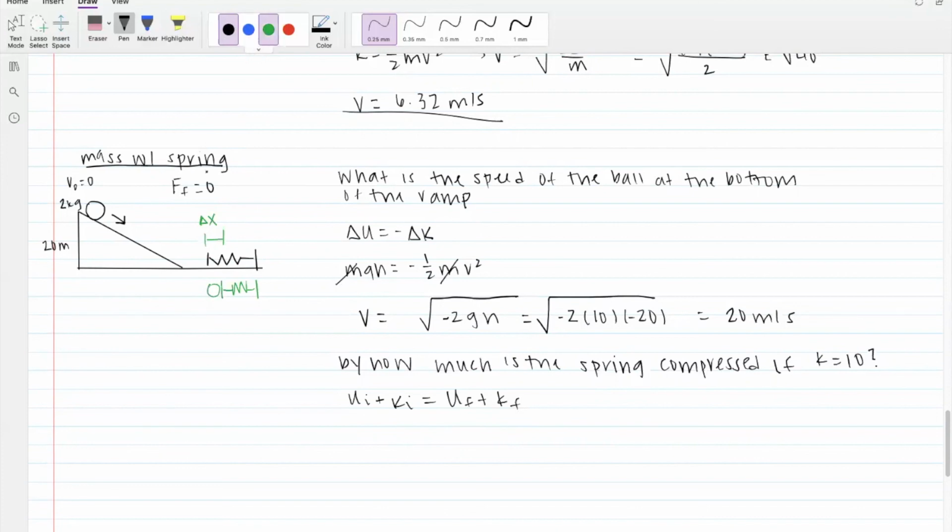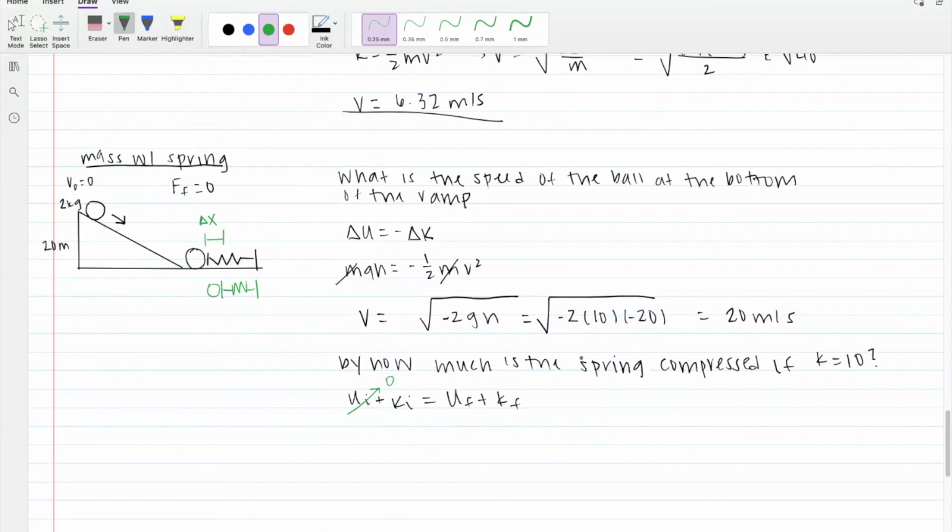So at this point, when the ball rolls all the way down the ramp, right before it hits the spring, that's the initial point. And the final point is when the ball compresses the spring. So the U initial, because it goes all the way down to 0, is also equal to 0.